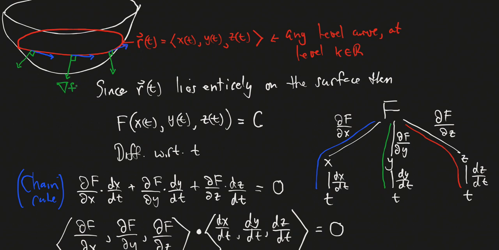So in summary, what we've just proven is that if you give me a surface and you want to find a vector that is orthogonal to that surface, notice that at all these different points, all these green vectors will form a 90-degree angle with the surface.